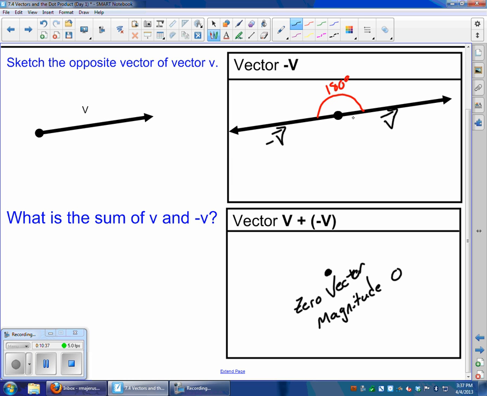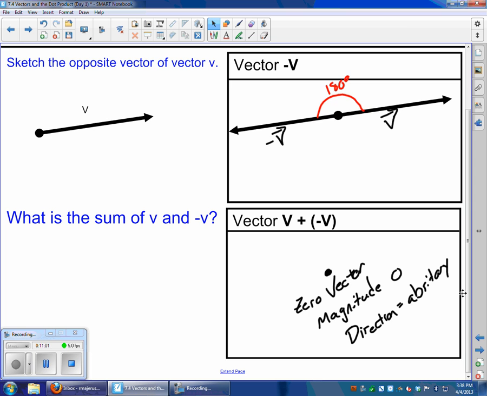These two vectors cancel each other out completely, and the direction is what we would consider arbitrary. In other words, it doesn't really have one. It could be facing any direction, but if you're not applying a force, it doesn't really matter which direction it is being applied.